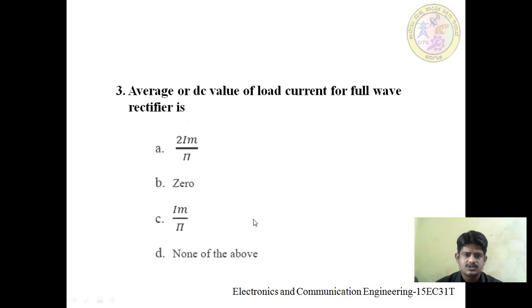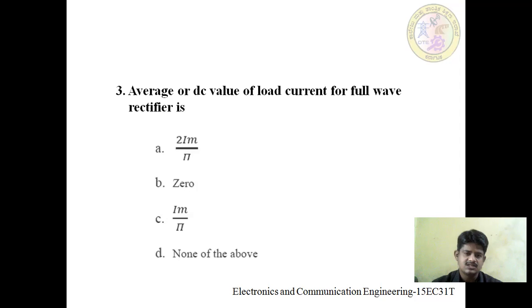Let's move to the next question. Okay, third question. The question is: average or DC value of a load current for a full wave rectifier is. Now it is dealing with the full wave rectifier. The earlier two questions were based on the half wave rectifier. Now it is based on the full wave rectifier. The options given are: first one 2 Im by pi, second is 0, third one is Im by pi, fourth one is none of the above.